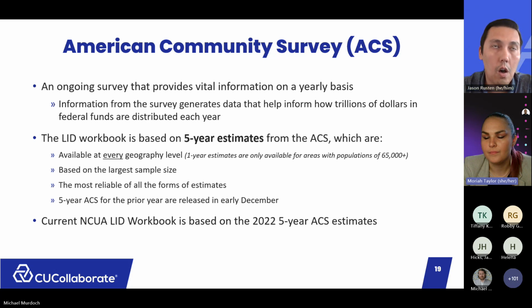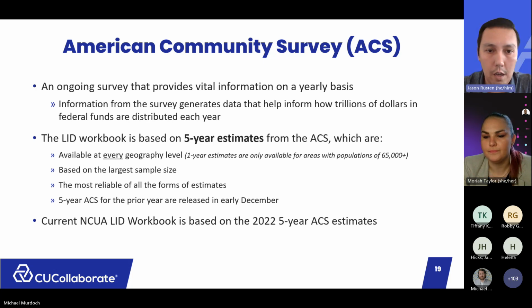across a very wide range of different topics, from income to household size to the language spoken at home, age, sex, race and ethnicity, employment, educational attainment, internet access. The list goes on and on. It's one of the most comprehensive sources of demographic data available to the public.